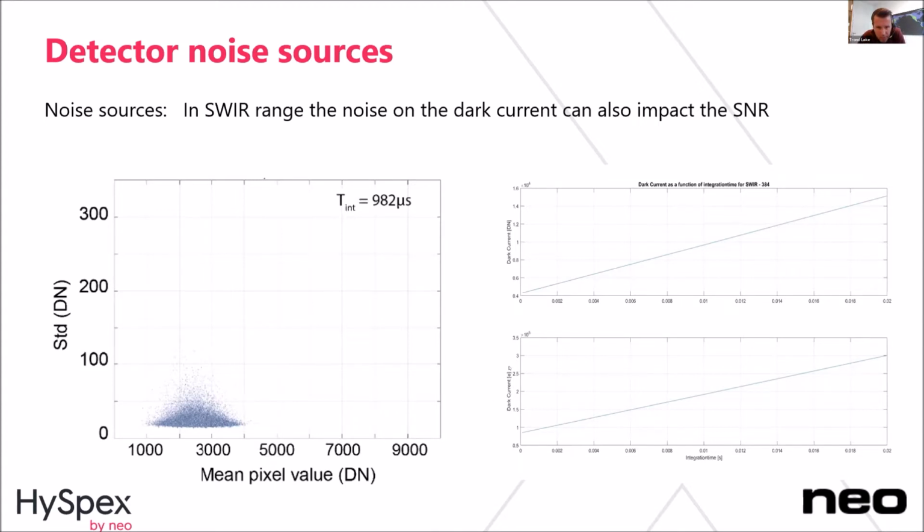And here it's in photoelectrons on this graph. So for shortwave sensors, dark current is extremely important to take into consideration. And that also means that the temperature of a system is very important. So if your mechanics change temperature, your dark current will change.